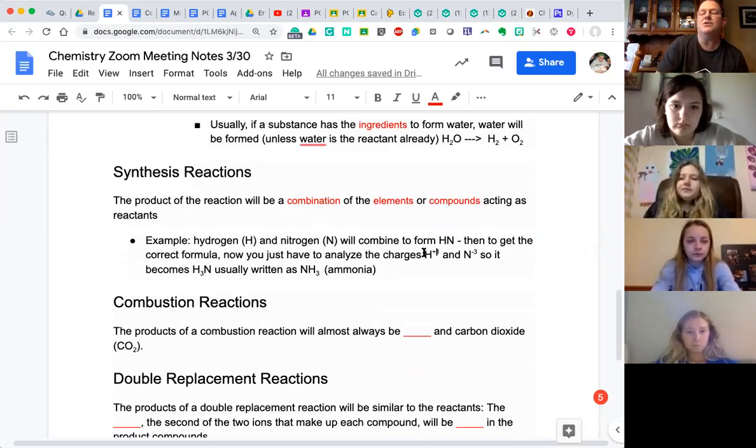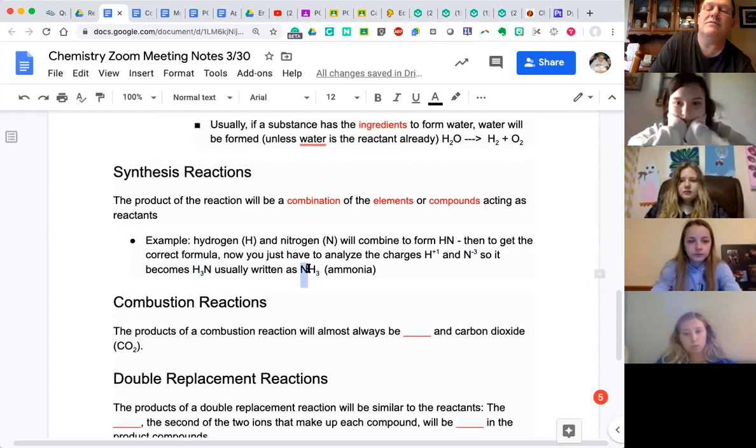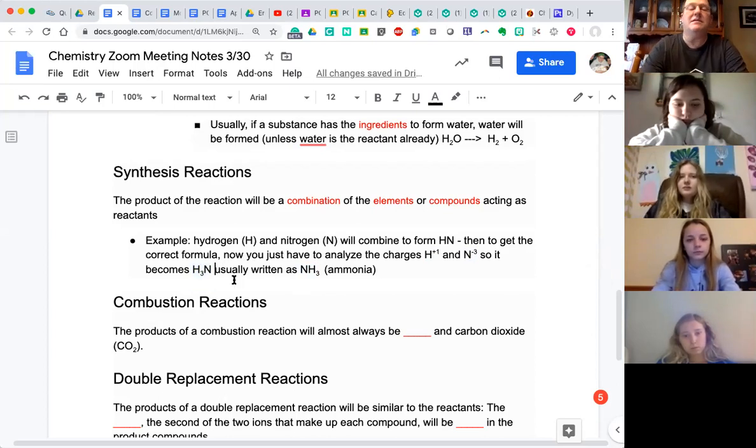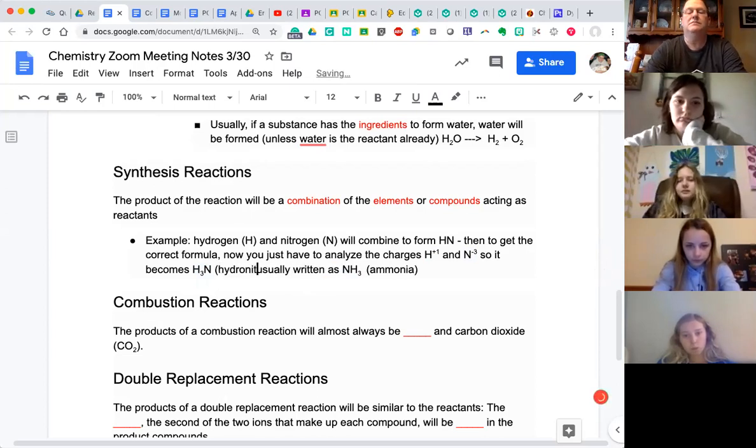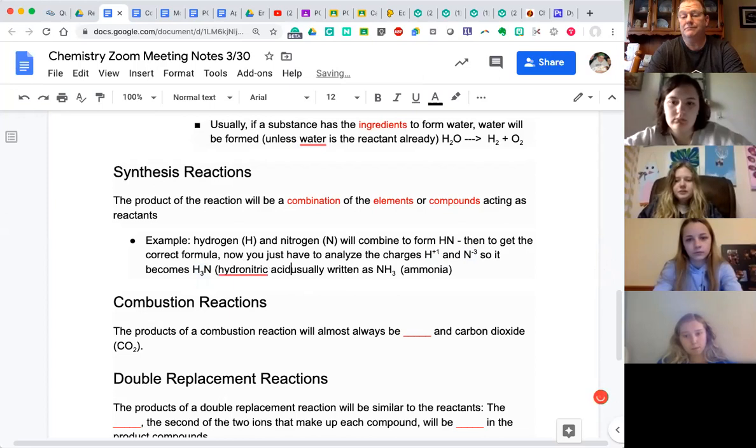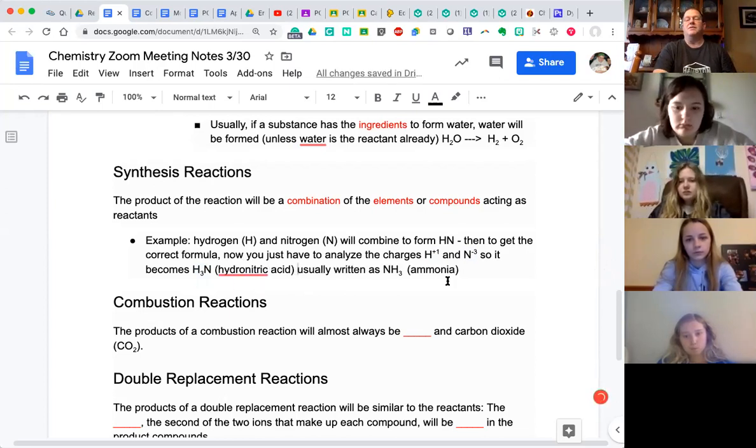Hydrogen has a +1 charge, nitrogen has a -3 charge, so we'd have to balance out the charges. This particular molecule, we usually write the other way, NH3. Not that it was wrong, but if it's written that way, we might not call it ammonia. We might say, hey, that's an acid, hydronitric acid, which really is the same thing as ammonia.